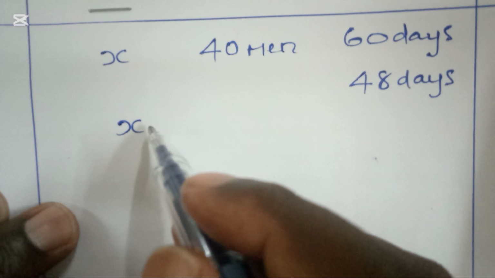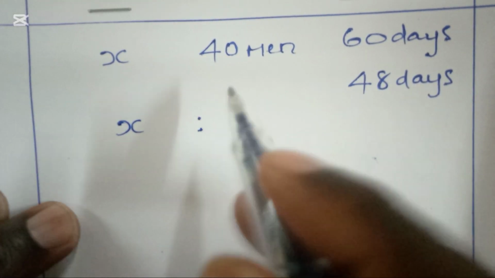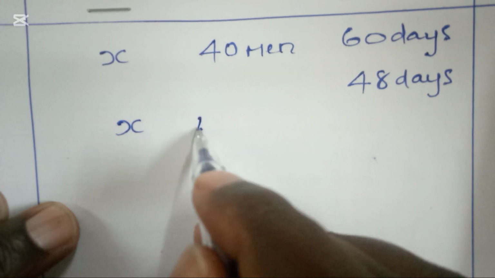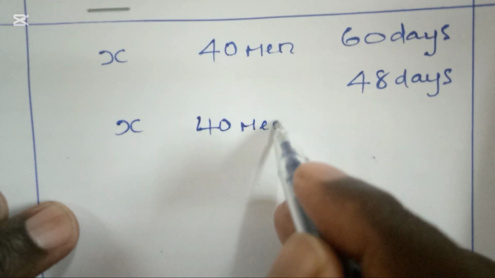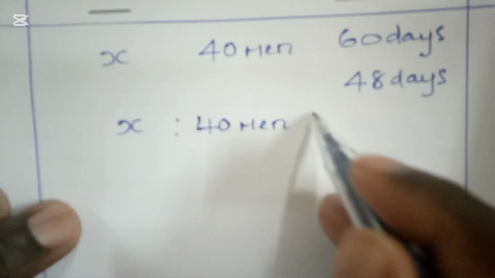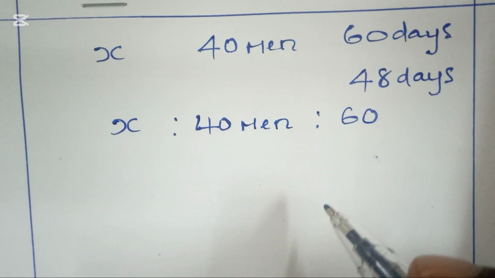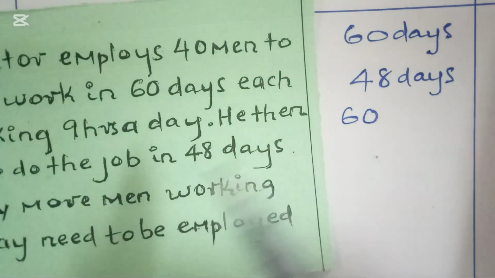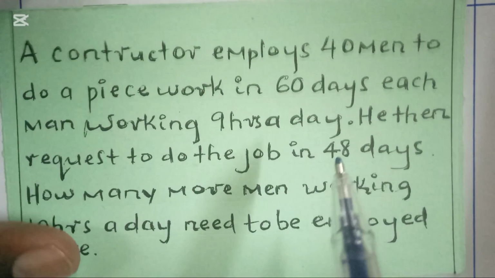And this work is supposed to be done by 40 men in 60 days. Take a note that these men are working 9 hours a day.